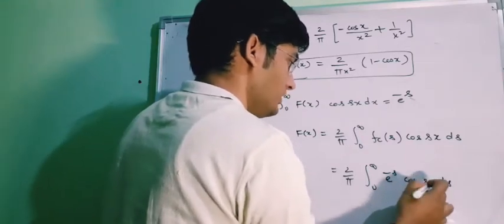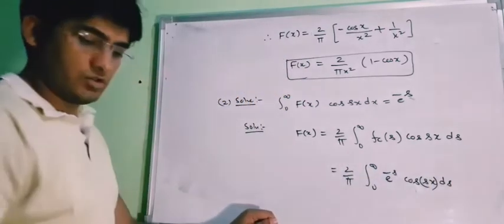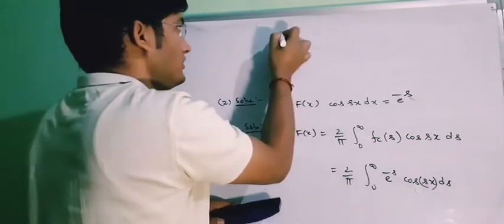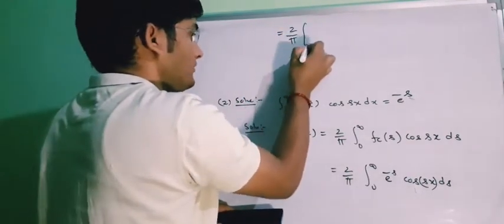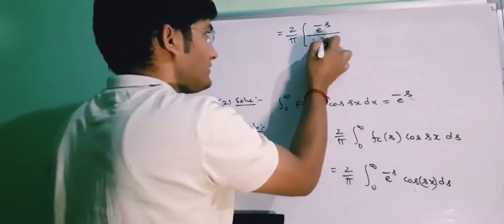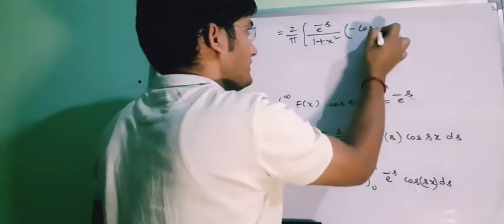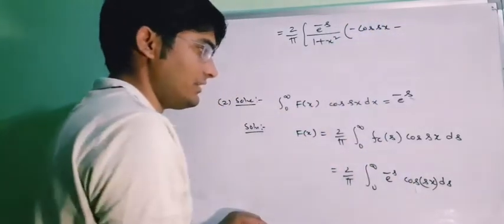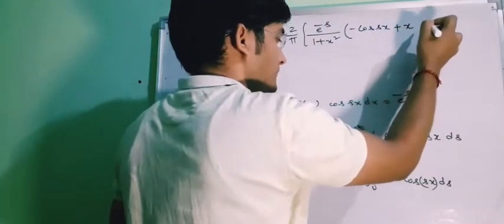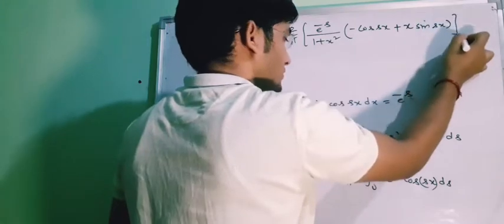Now we can integrate this term. The integration of this term is equal to 2 upon pi, then in the bracket we will have e to the power minus s upon 1 plus x square, then minus cos sx, then minus sign, and the derivative will be a minus, so this will be plus x into sin sx, and then the limits from 0 to infinity.